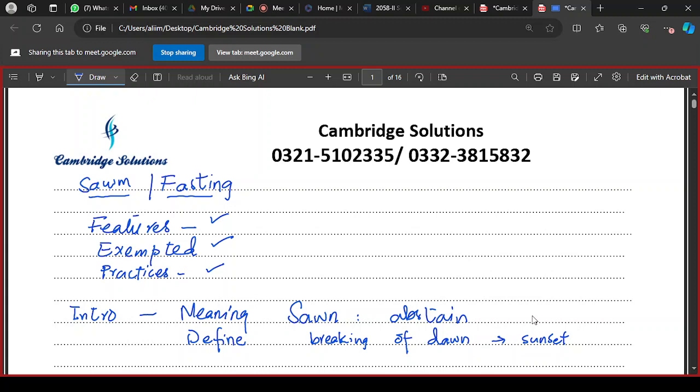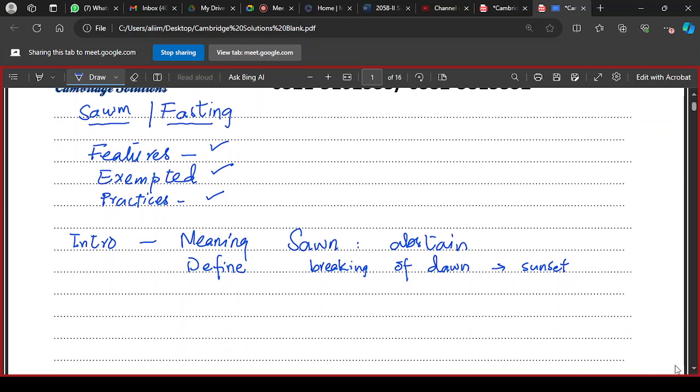You will further define it: Ramzan fast is obligatory, since whenever we talk about fasting, we usually talk about Ramzan fast. So fasting during the month of Ramzan is obligatory on every Muslim. On whom is it obligatory? It is obligatory on every Muslim, male or female, adult, sane.